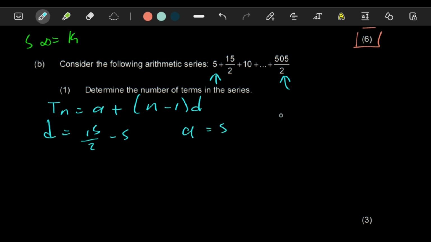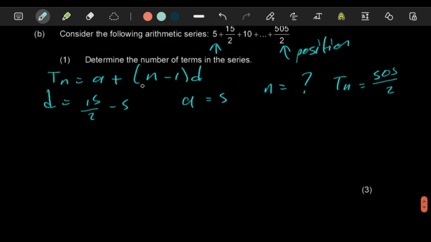A is just a 5, n you don't know. If you're going to work out the number of terms, you just want to work out the position of this value here, which is n, but itself it is actually just 505 over 2.